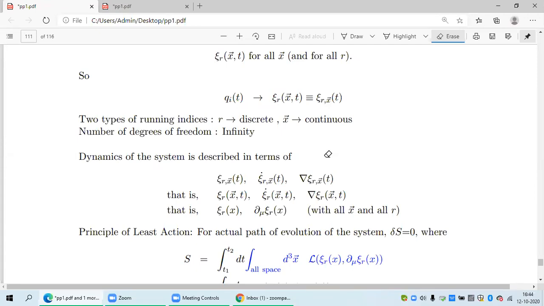There are two things. Once you quantize a theory, you go from classical mechanics to quantum mechanics. Suppose you have classical non-relativistic mechanics. When you go from classical mechanics to non-relativistic quantum mechanics, what changes in your description is that earlier, in classical mechanics, the system was described by generalized coordinates.